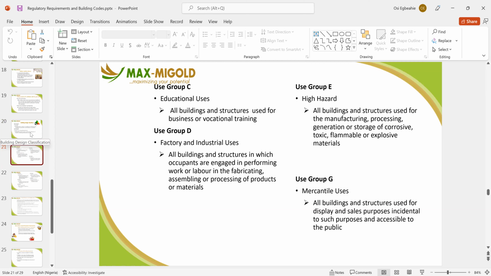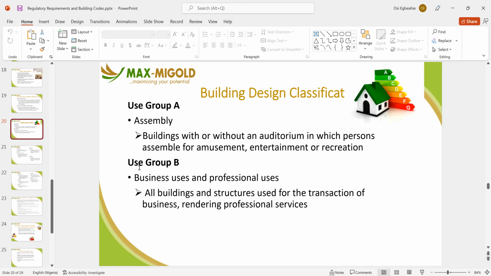Also under this category, you have all the office buildings, banks, and all that, where they transact business, multi-office structures and all that. That's where all those buildings go into business and professional use.